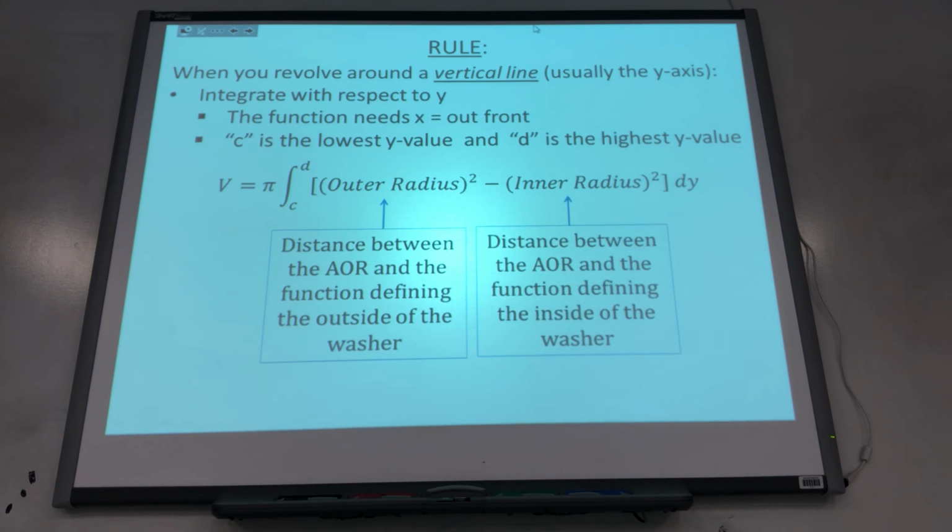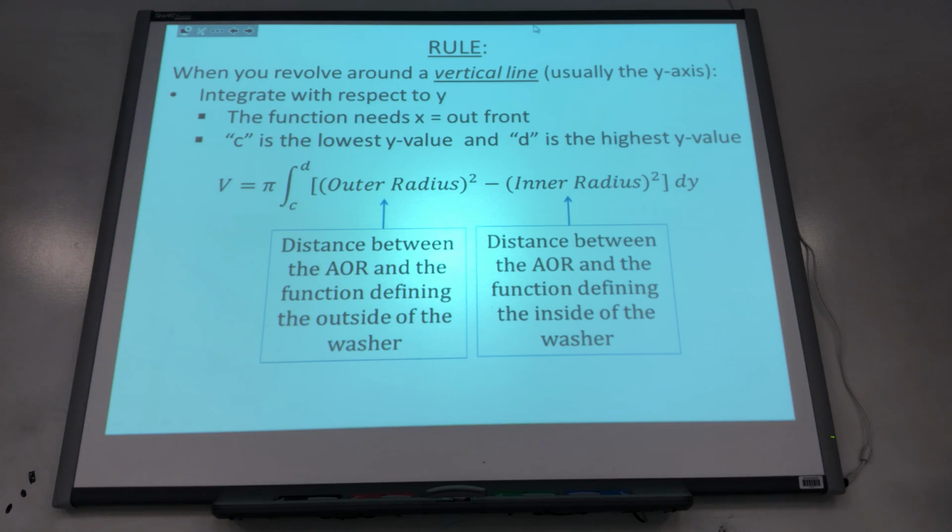And on the other side there, I'm just going to put basically the same thing except inside of the washer. Distance between the axis of revolution and the function defining the inside of the washer.